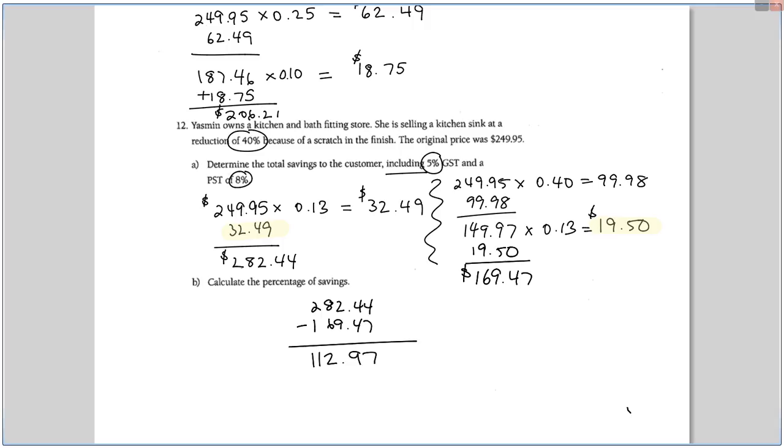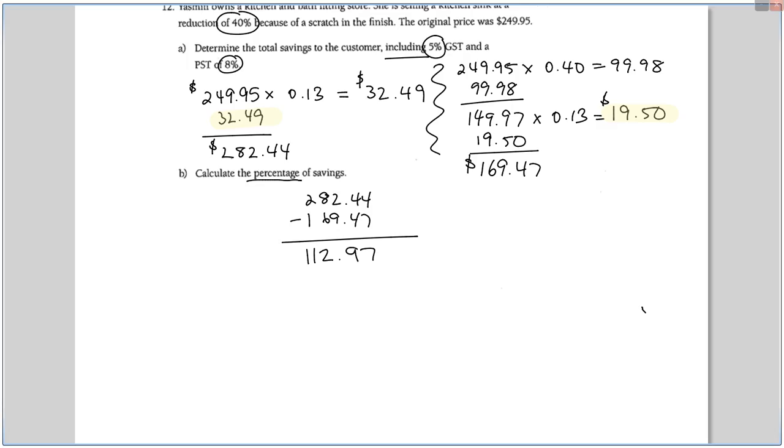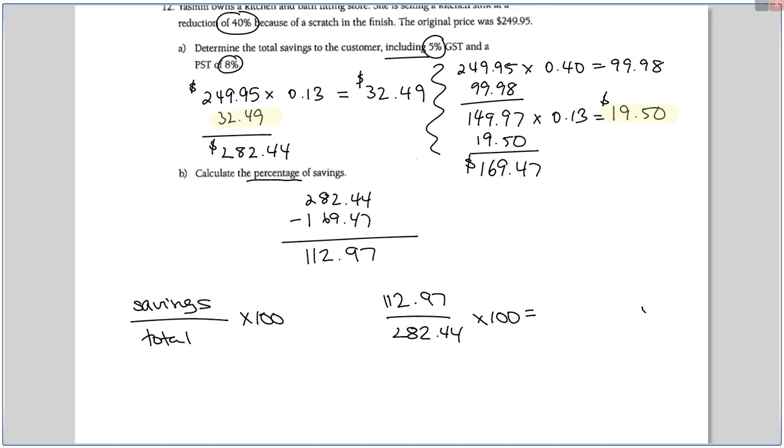So this is the savings. Remember to calculate the percentage of savings. You're going to want to use that formula I gave earlier. Savings divided by total price times 100.